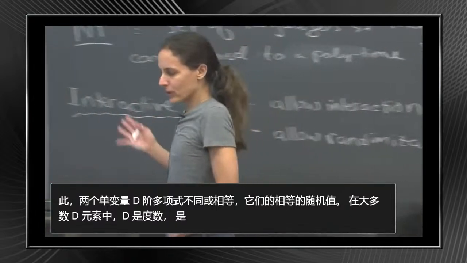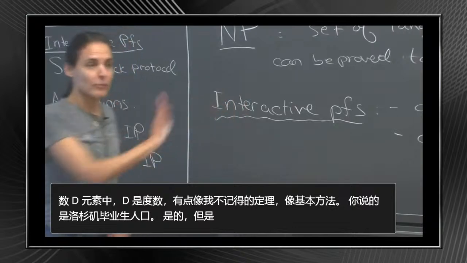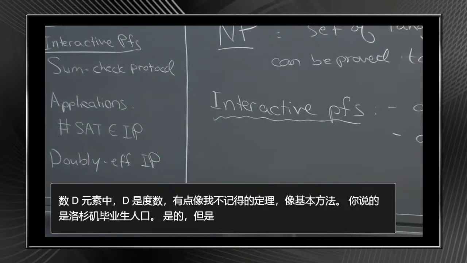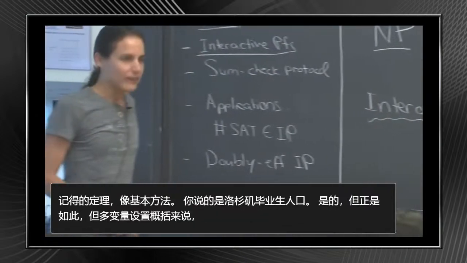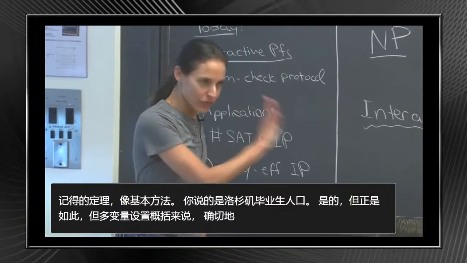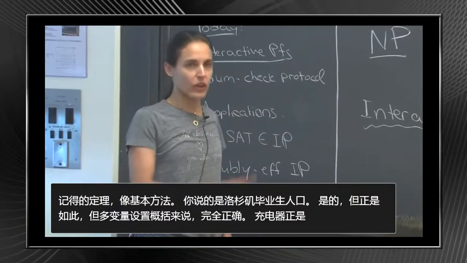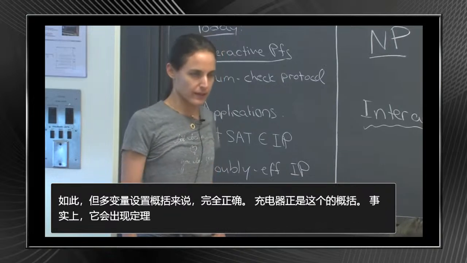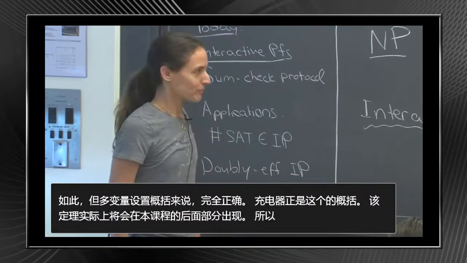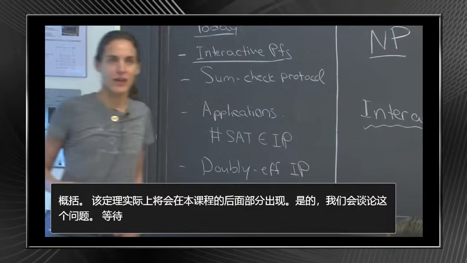You say Lagrange interpolation? Yeah, but Schwarz-Zippel is exactly a generalization of that to the multivariate setting, and it will come up later in this class. Great. Any other questions?